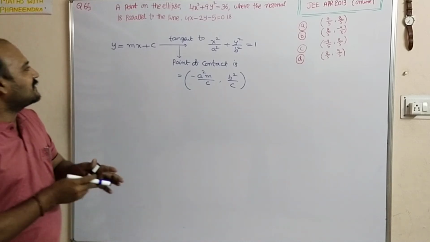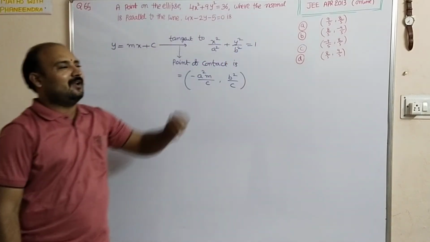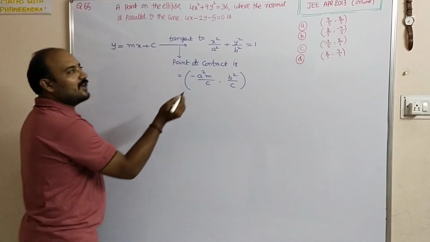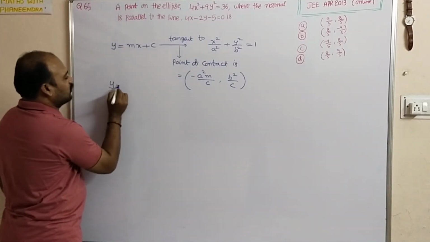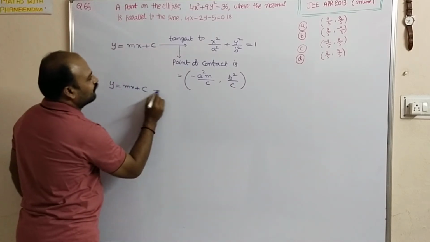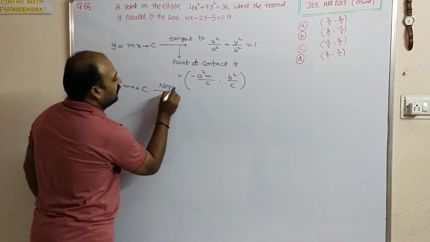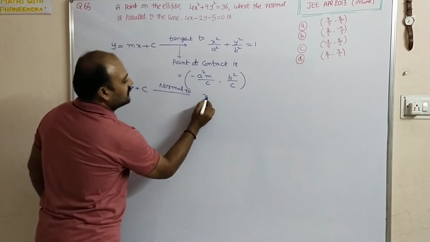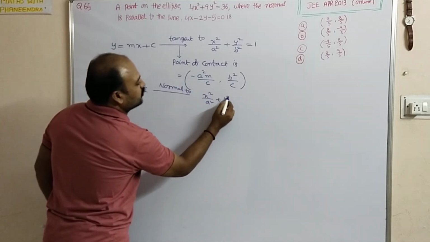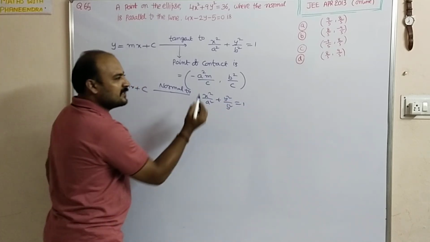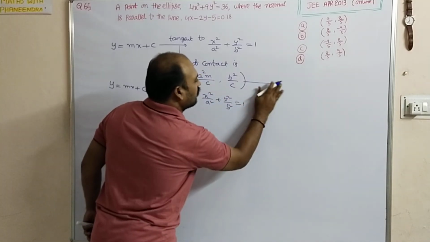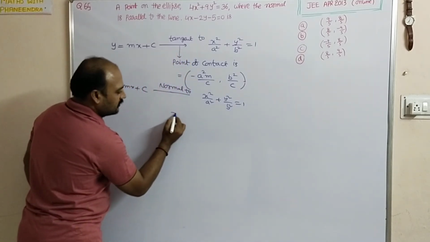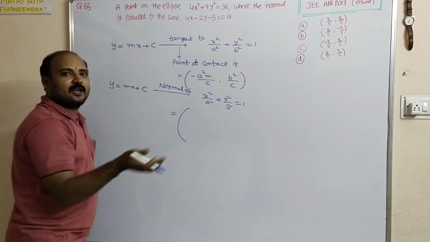But here it is not a tangent, it is a normal. Normal is parallel to this line. So whenever it is normal, y is equal to mx plus c, here normal to the ellipse x square by a square plus y square by b square equal to 1, the same formula will become: wherever m is there, use the perpendicular slope.